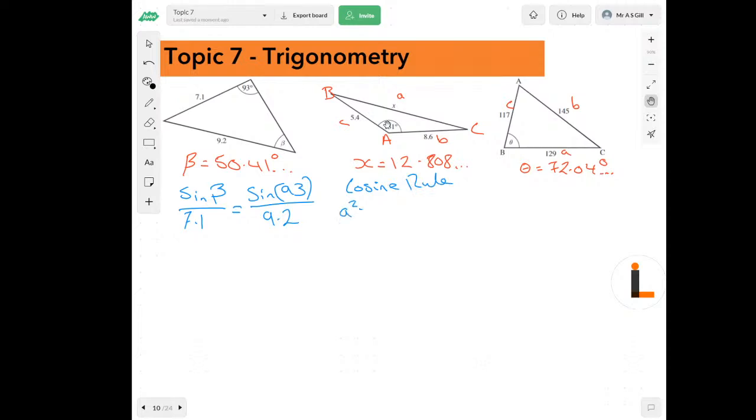So the first thing is always try and get, especially with the cosine rule, it's a bit more complicated. So before I do any substitution, I just write out the formula as it is originally, and then I'll go through and start substituting in my values.